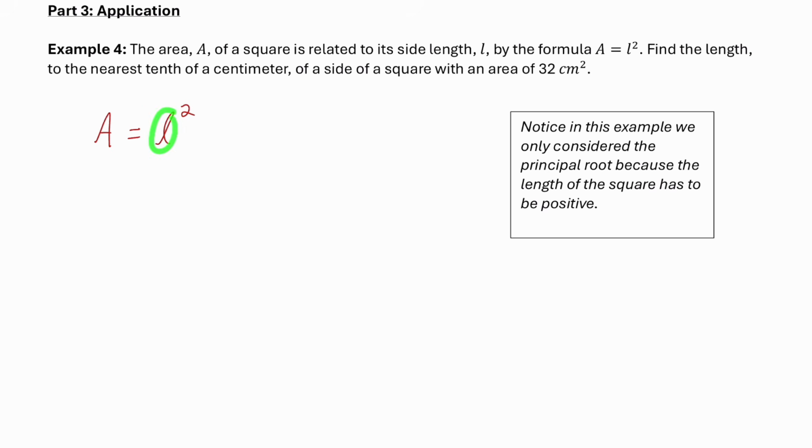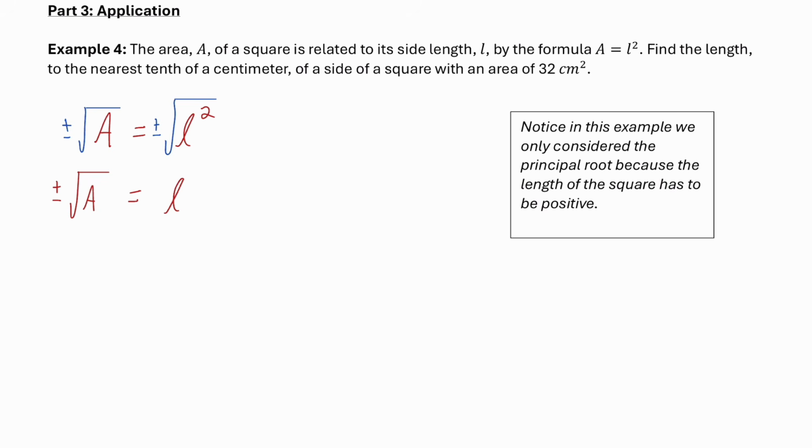Right now, the length is being squared. So if I want to isolate L, I have to get rid of the square. And the inverse of squaring is plus or minus square rooting. On the right, the square and the plus or minus square root would cancel out, leaving me on the right with just the length. And it would say the length is equal to plus or minus the square root of the area.